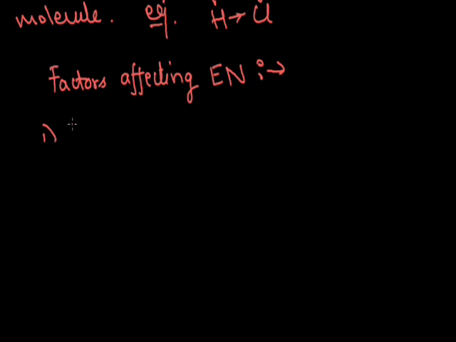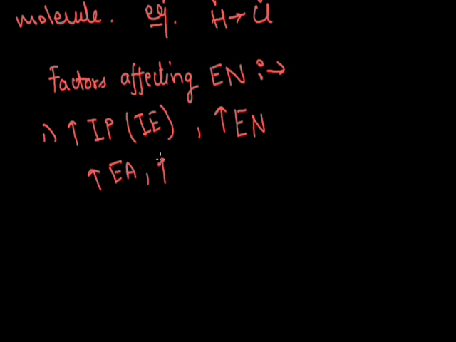But we can say the more the ionization potential or ionization energy, the more the electronegativity. The more the electron affinity, the more the electronegativity. If the element has more ionization potential as well as electron affinity, then it has more electronegativity. Thus this property depends upon the ionization potential as well as electron affinity.